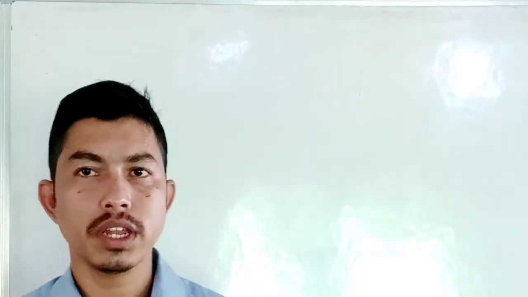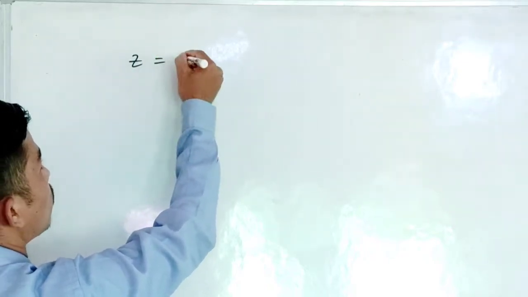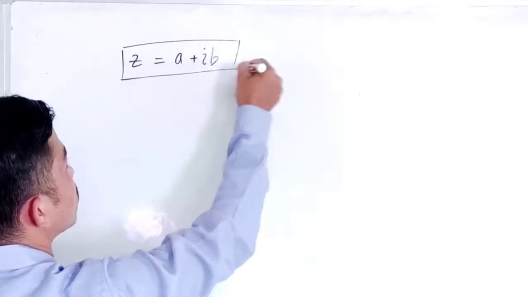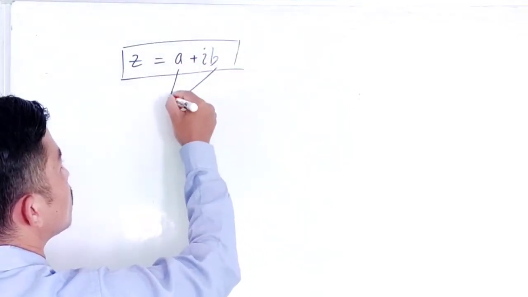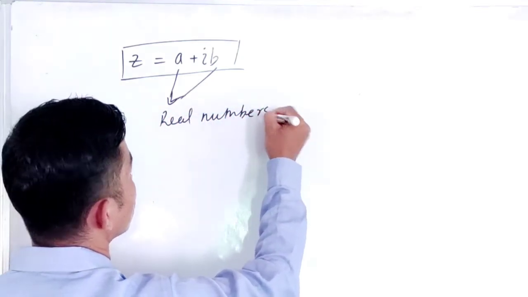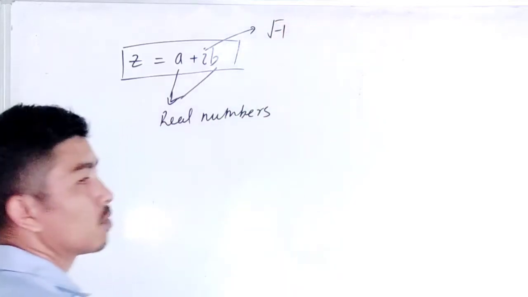Now coming to the next important topic of this chapter, that is the complex number. What is a complex number? Generally the complex number can be represented with z. Any number of the form a plus ib is known as a complex number. Now what are a and b? They are real numbers, and i, as we have already studied, is equal to under root of minus 1.